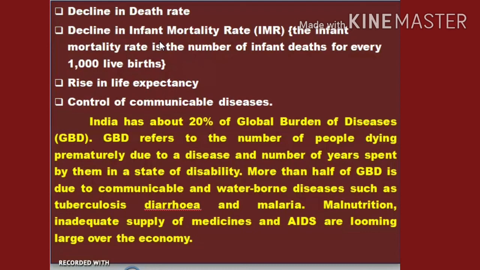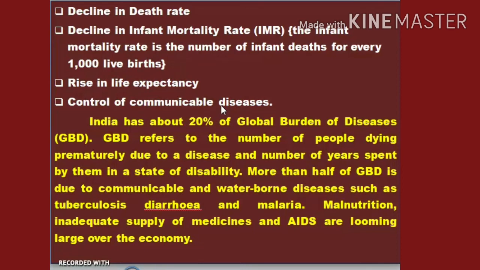This may also be for the same reasons, because of better education, healthcare, etc. So next is control of communicable diseases. India has given a high priority to control the following communicable diseases like smallpox, malaria, leprosy, tuberculosis, AIDS, etc. So this has been controlled in India.